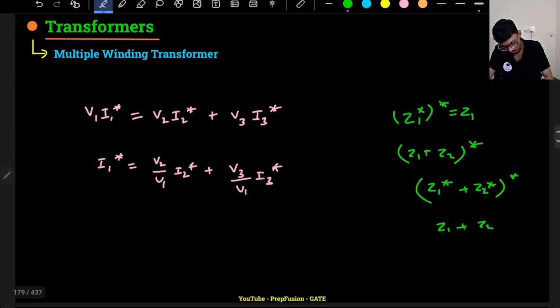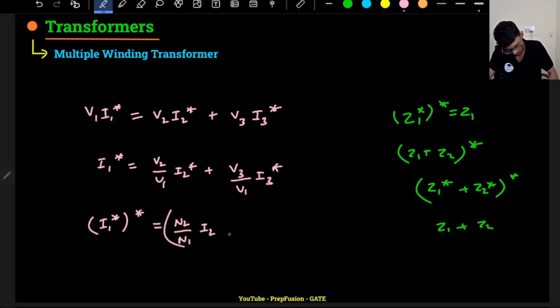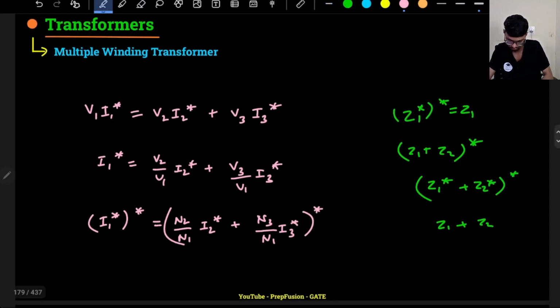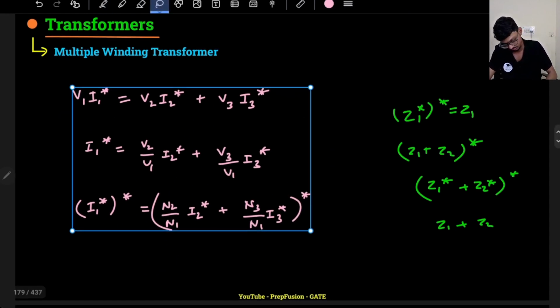So I will apply the same thing: I will apply the conjugate on both sides. This will be I1 conjugate equals N2 by N1 into I2 conjugate, plus N3 by N1 into I3 conjugate.